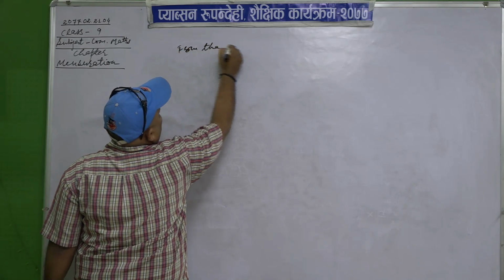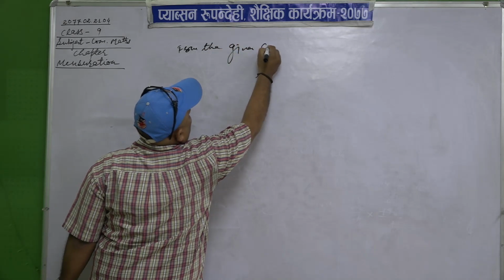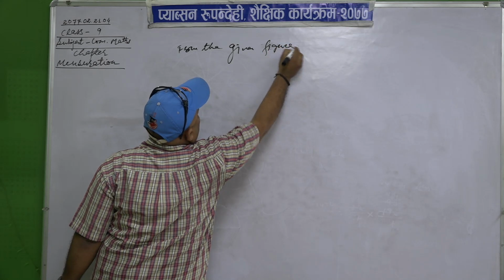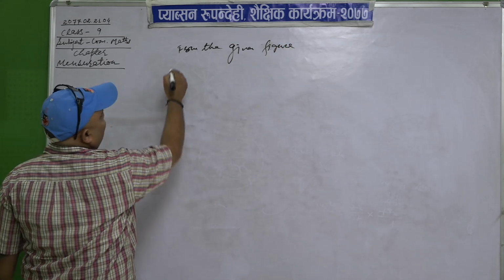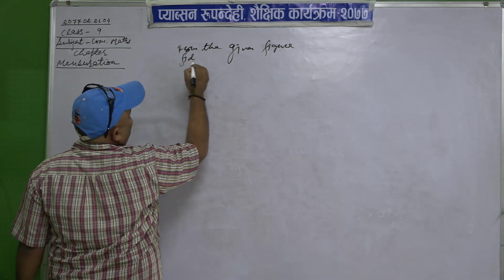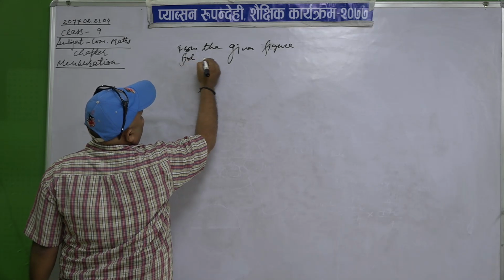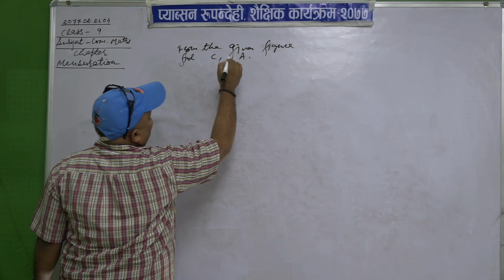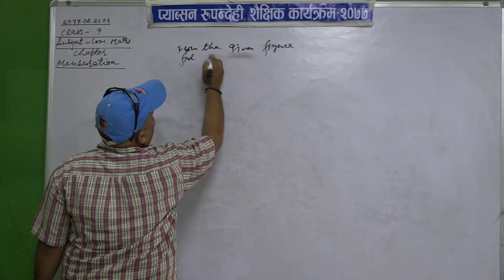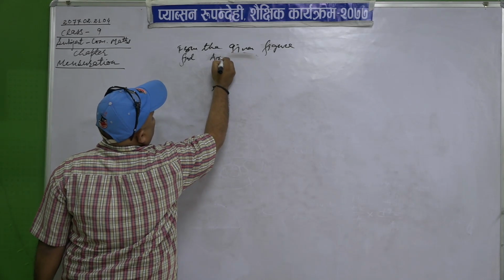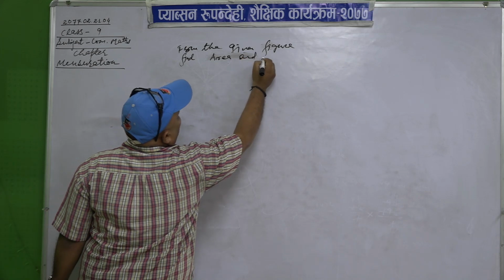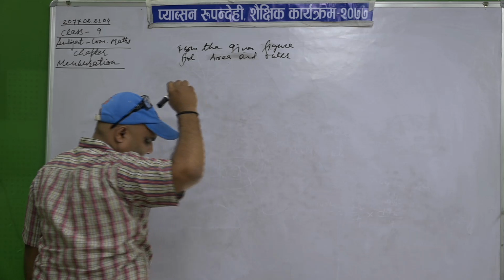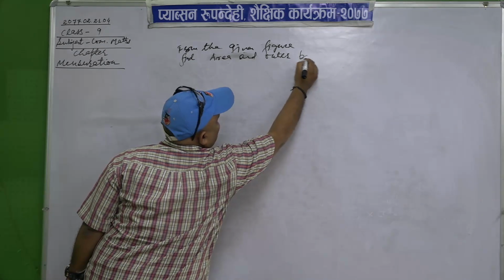From the given figure, not circle, from the given figure, find area and outer boundaries.